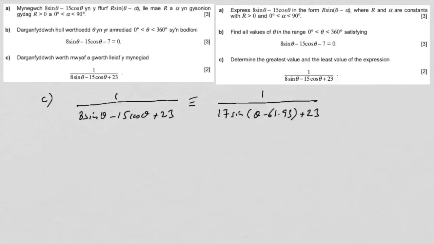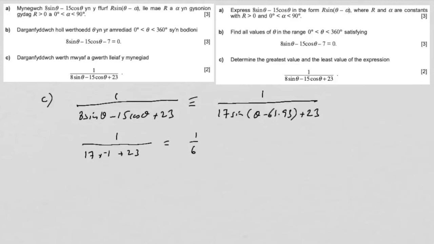Now, for the maximum value of this, we want to make the bottom as small as possible. So we want the minimum value on the bottom. The minimum value of sine is minus 1. So our maximum is 1 over 17 times minus 1 plus 23, which comes out as 1 over 6.